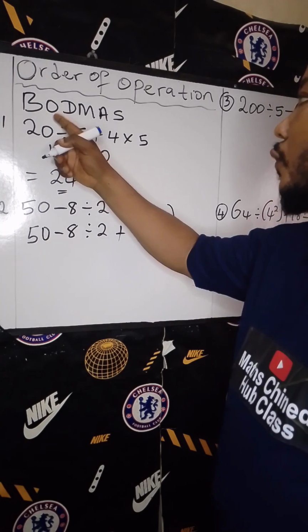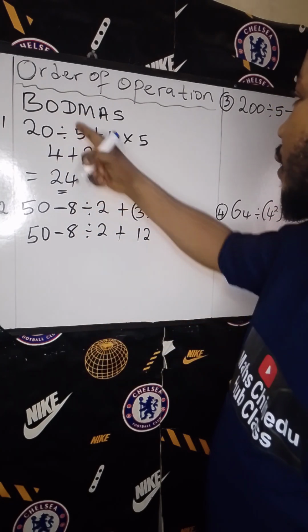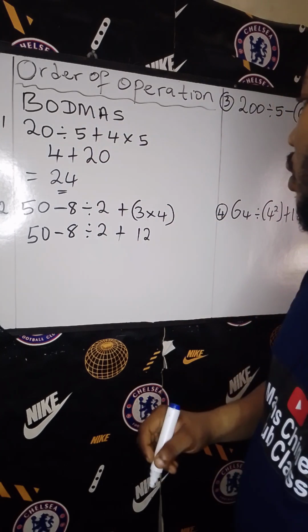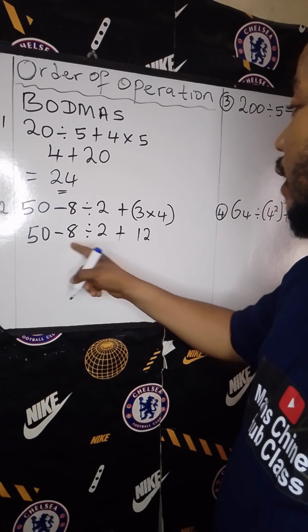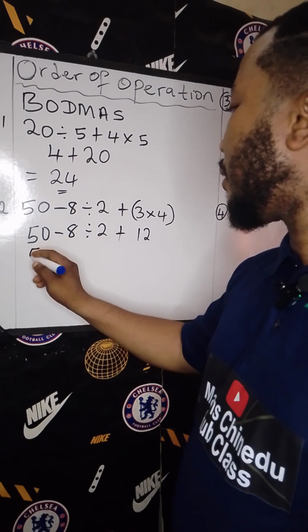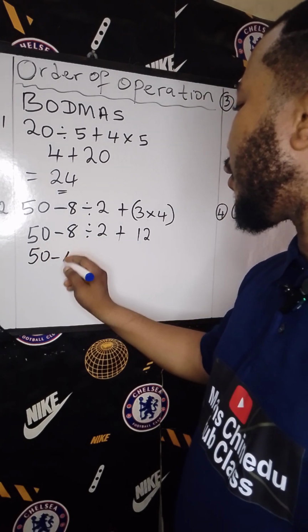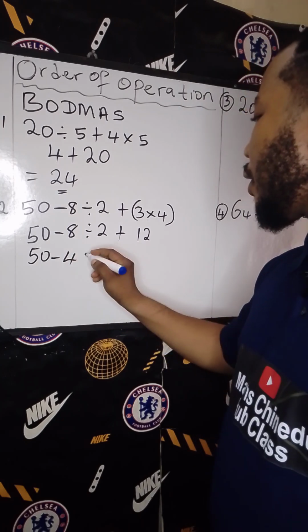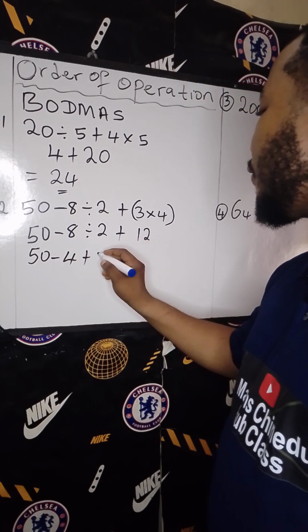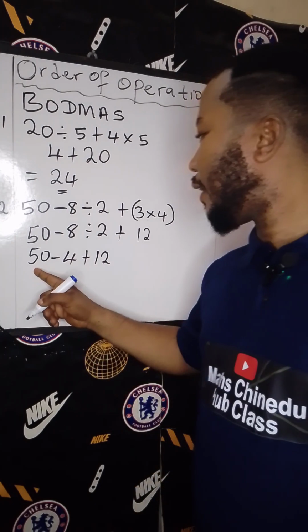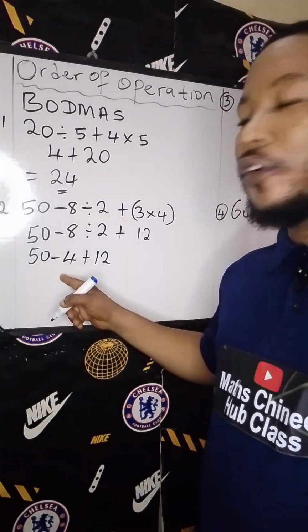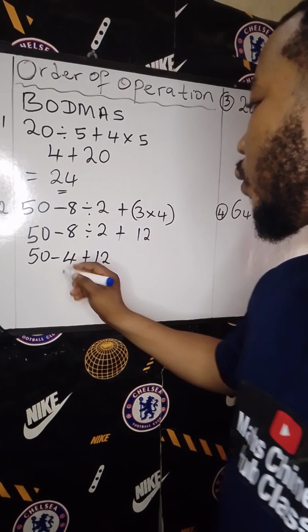The next thing is of. We don't have of. We have division or multiplication. So we have 8 divided by 2, which gives us 4. So that means 50 minus 4, and bring your plus sign down with the 12. Now 50 minus 4 gives us 46.